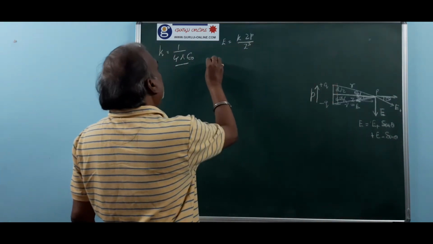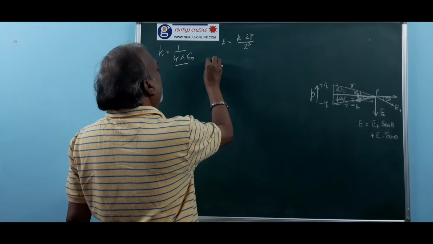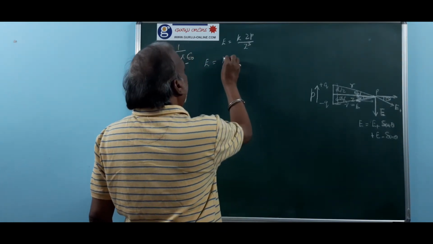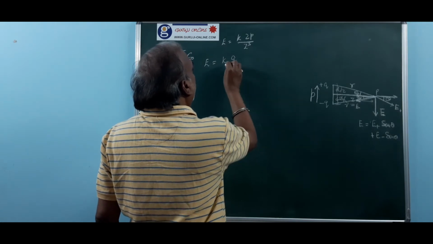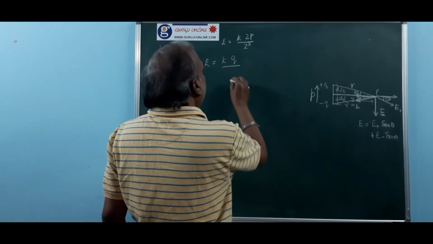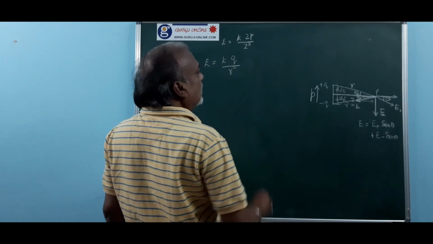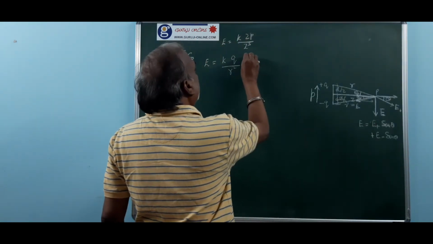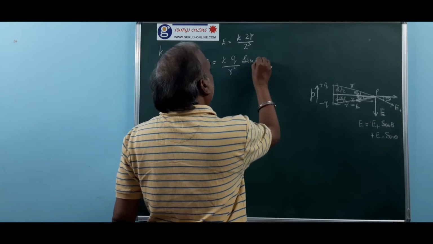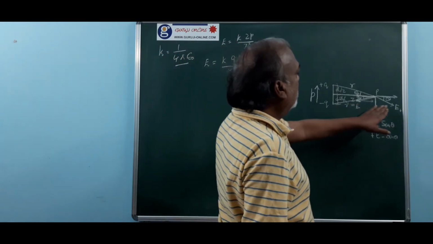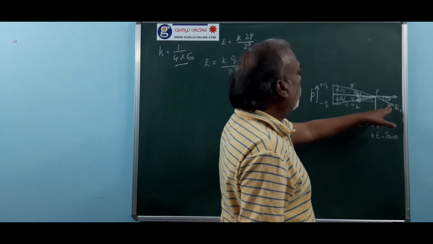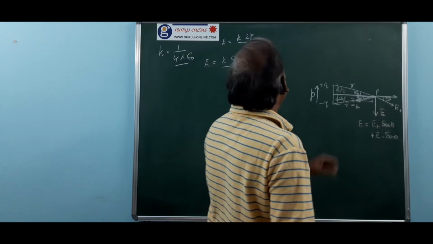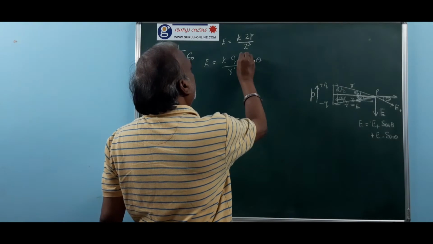So this E will be nothing but KQ upon this R square, of course times sine theta, and this sine theta and this sine theta, these two fields are equal. So this will be basically 2 sine theta.